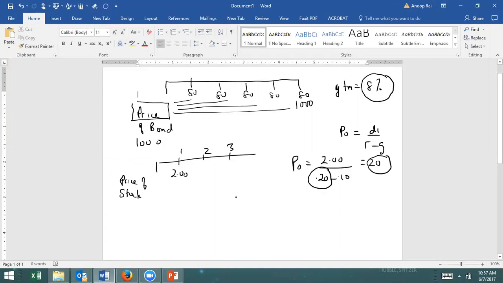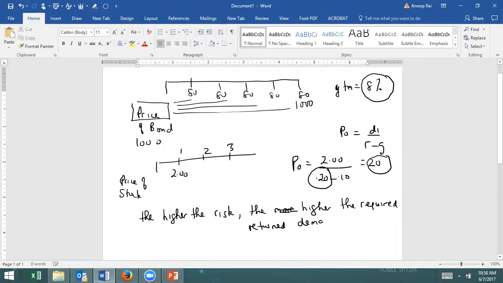In particular, what we want to find out, and what we'll come to the conclusion, is that the higher the risk of an instrument, the higher the required return demanded by the investor.